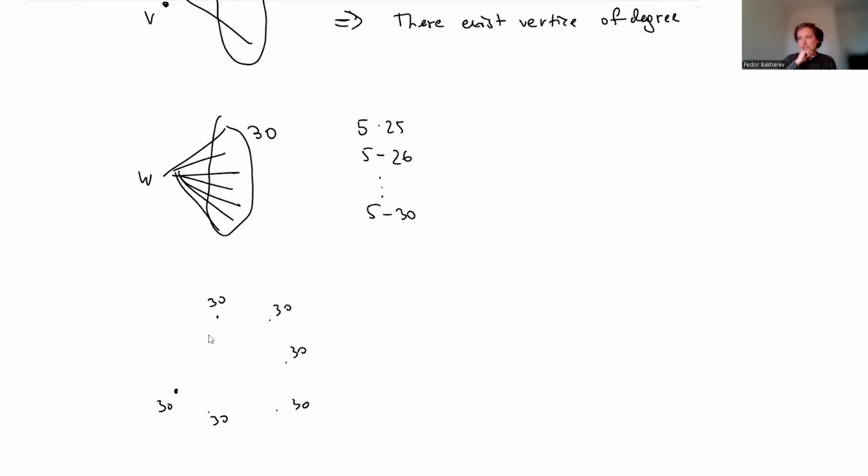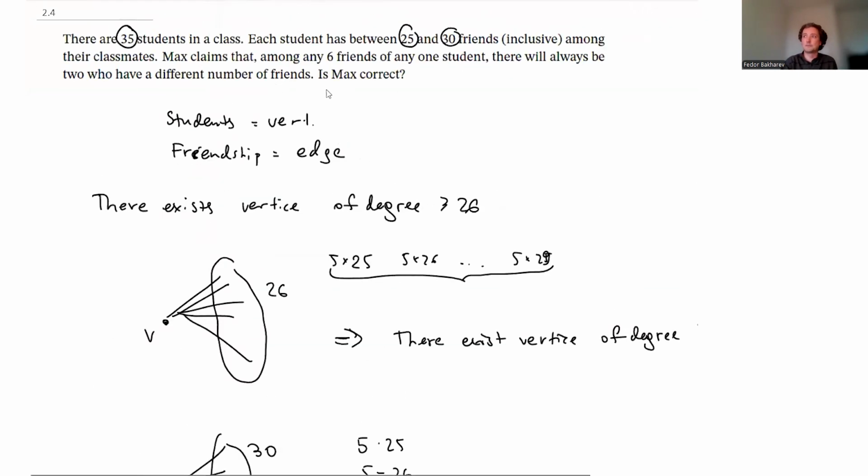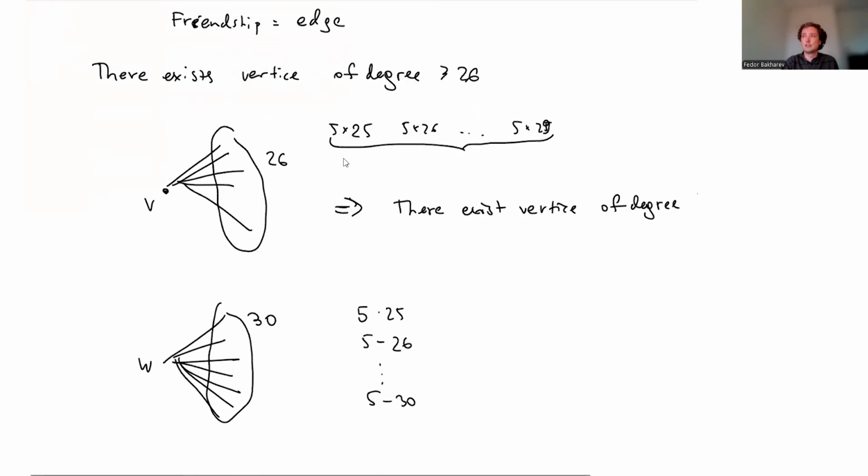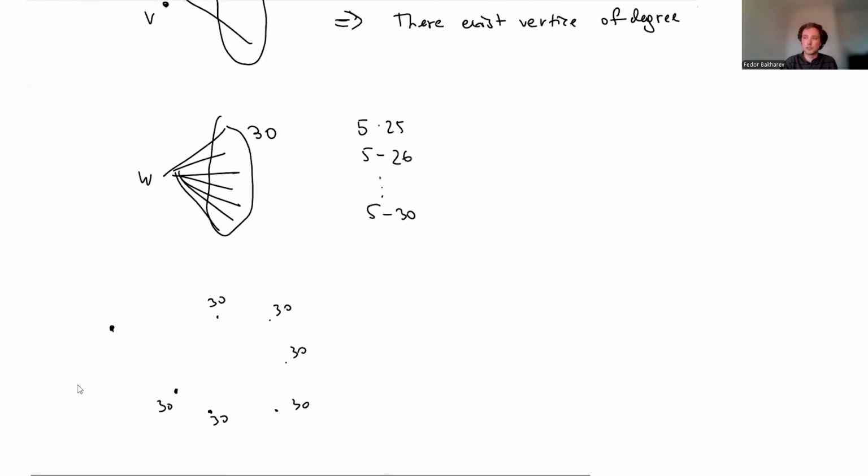Yes, and I would just like to say that there exists some vertex that is connected to all of these 6. This will be the contradiction, because if Max is correct, there are no 6 vertices with the same degree connected to one vertex.